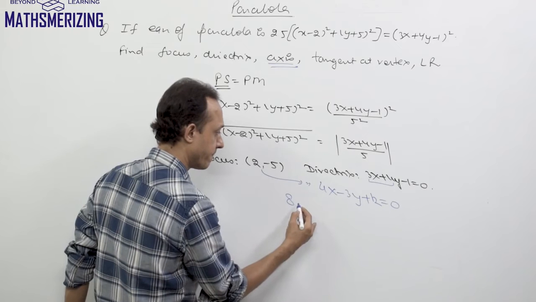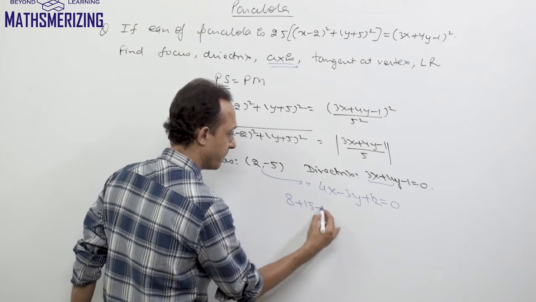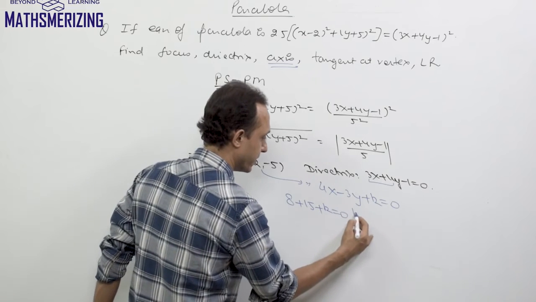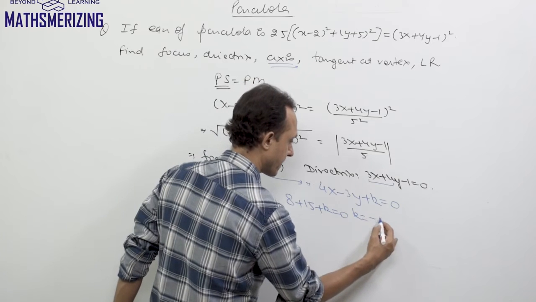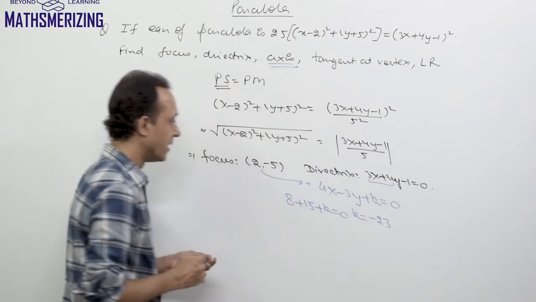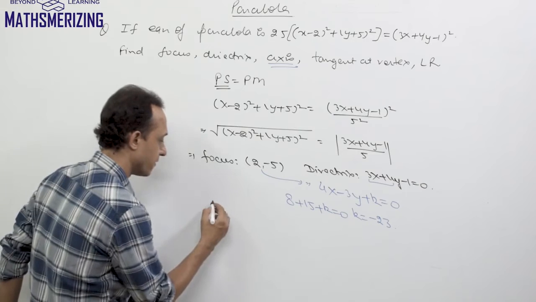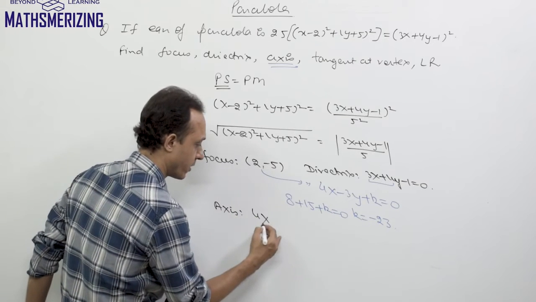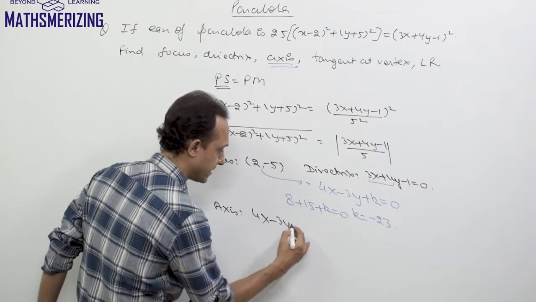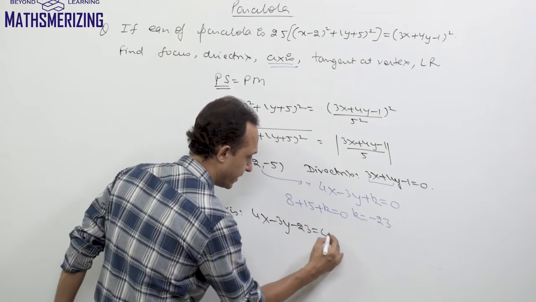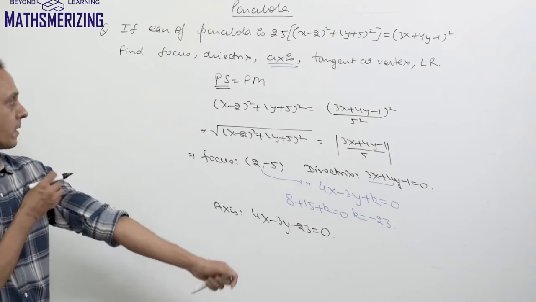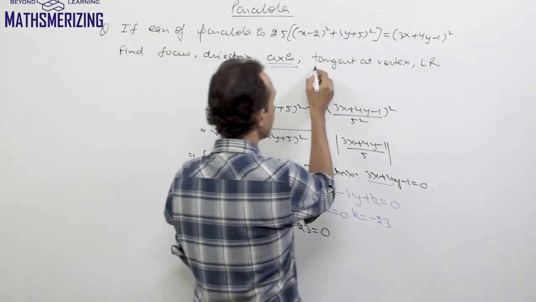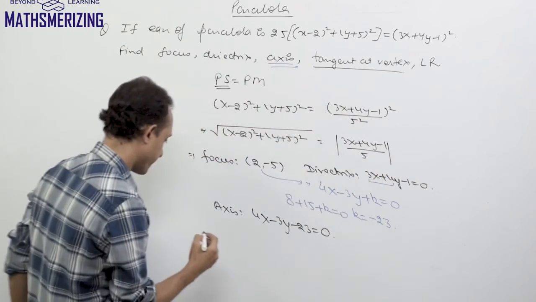So I'll get 8 plus 15 plus k equals 0. So in that case, the value of k is minus 23. So the equation of the axis of this parabola will be 4x minus 3y minus 23 equals 0.